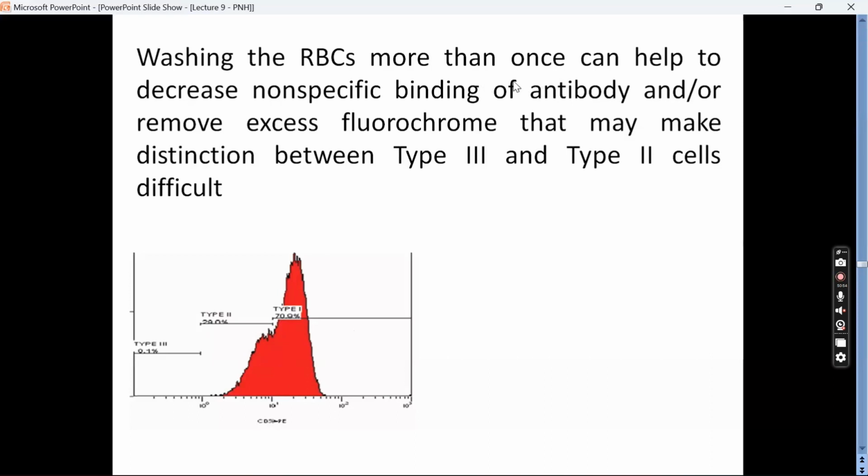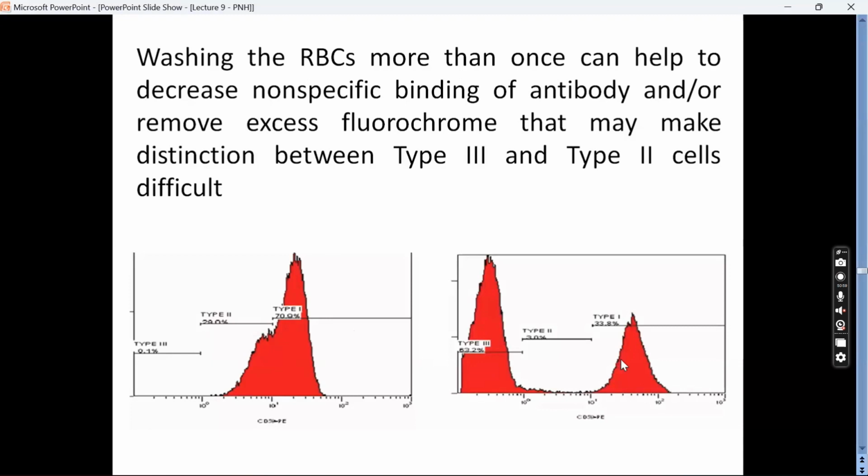Two. Very good. But the separation is not that great, right? When you wash the RBCs multiple times, the separation will be much better. Now you find that the type 3 population is 53.2%, whereas here it is negative. Doing a PNH assay on RBCs is technically more demanding than doing a PNH assay on WBCs, which is relatively easy.